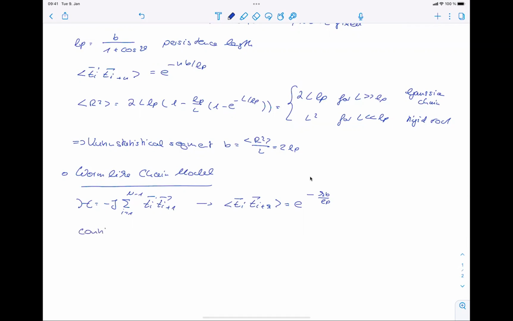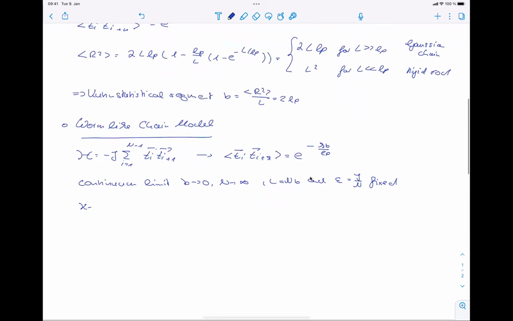Similarly, we can take the continuum limit, again, b to 0 and n to infinity, L and b, and here also the interaction per site fixed. And that allows us to define kappa as epsilon L or L_P k_B T, the bending stiffness.